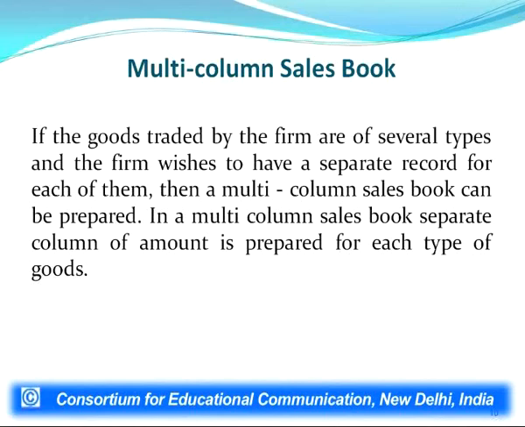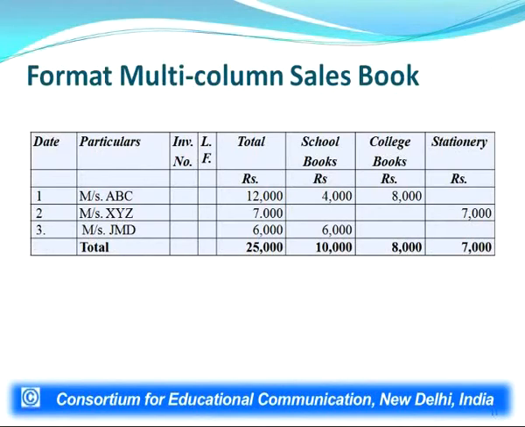It means a different column for a different type of goods sold, and this is the format. If a stationery and bookshop wants to maintain separate records for school books, college books and stationery, then they can have three different columns in the sales book, and one column for total, and all sales will be recorded and classified accordingly.